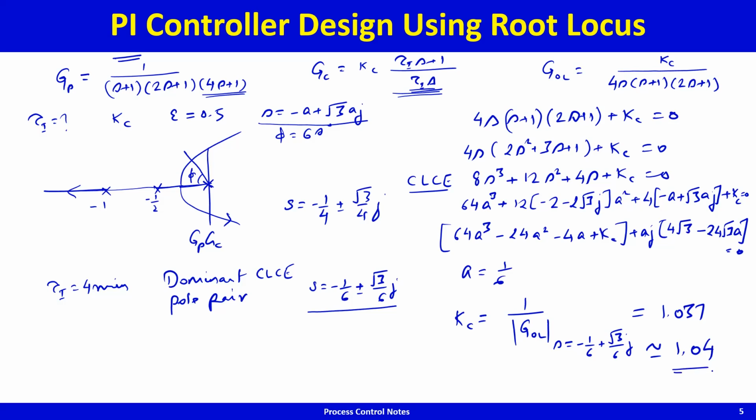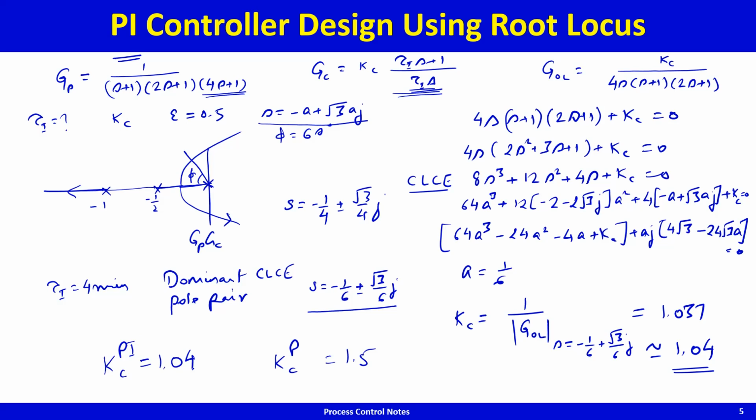This Kc is less than the Kc that we got for a P controller. Kc for a P controller was 1.5. Kc for a PI controller that we have gotten is 1.04.